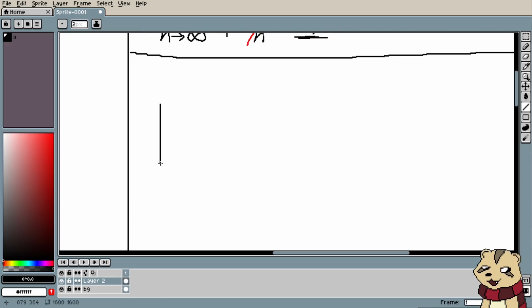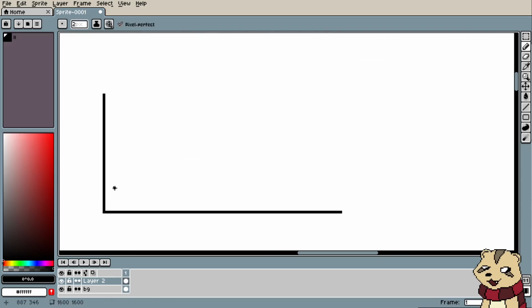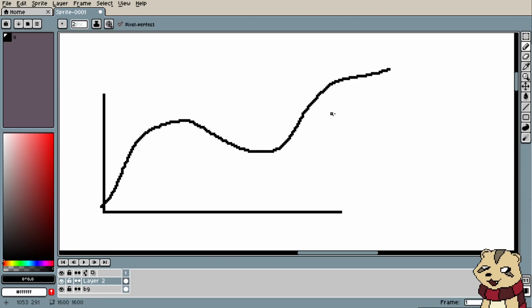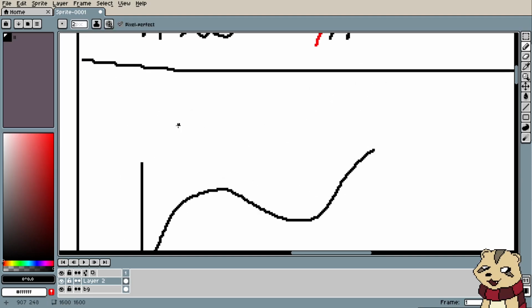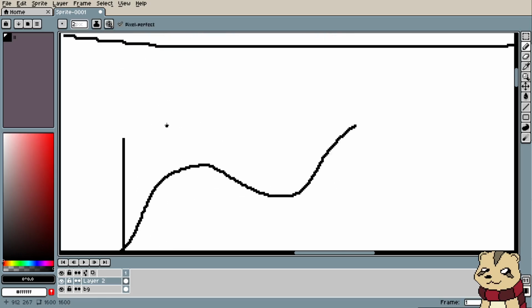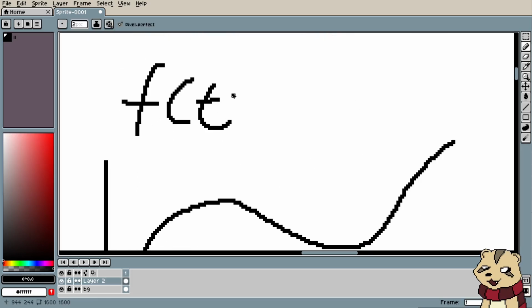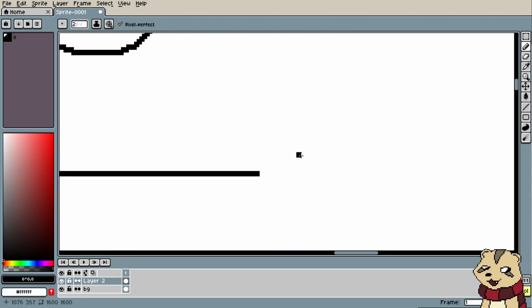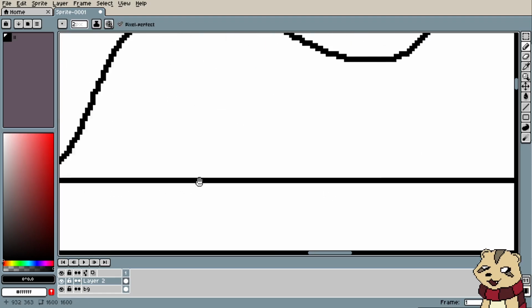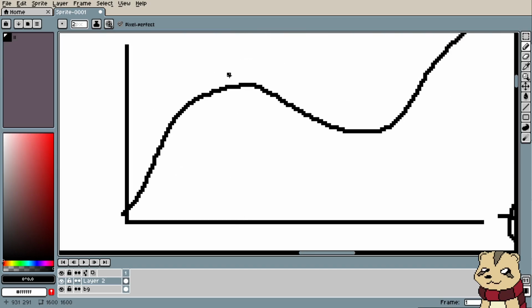We're going to have to do a change in variables here. It's not going to change anything really, but I want to use x for something else already. So this curved line, I'm going to call it f of t. So the function of t, that means this is the t-axis now. And now this line is going to be f of t.